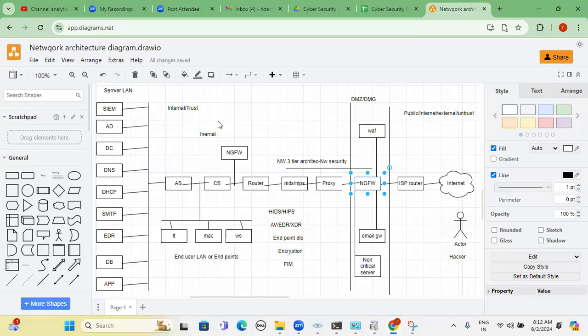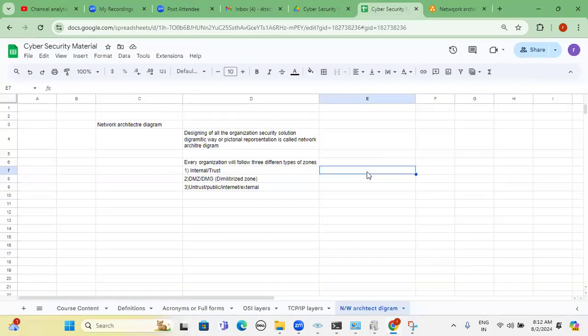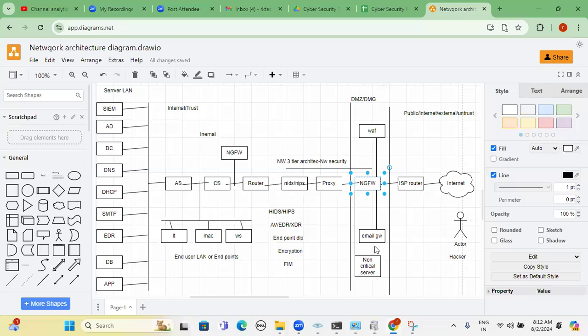That is the reason he should not steal our data or take our furniture. Our furniture should be protected 100%, so this score is 100. So internal or trust score is always 100, and DMZ is in between trust and untrust, so we can define its score as 50-50.